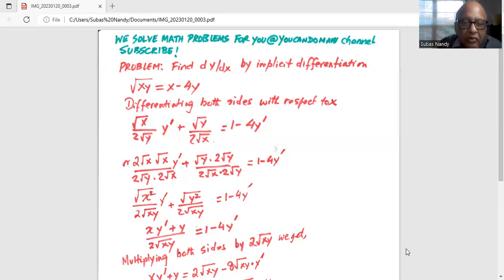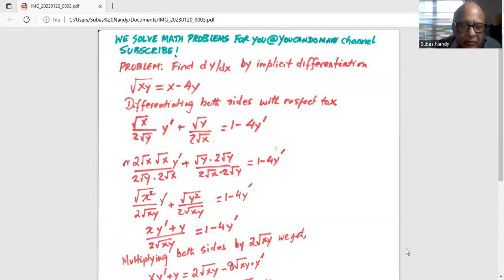That's why we have square root of x times square root of x, which is square root of x squared, in the first term, divided by 2 square root of xy. And then, of course, we have the y prime, plus, again, the 2 in the numerator cancels with the 2 in the denominator in the second term. So in the numerator, we have square root of y squared divided by 2 square root of xy.